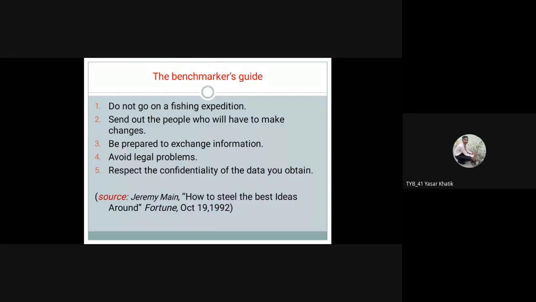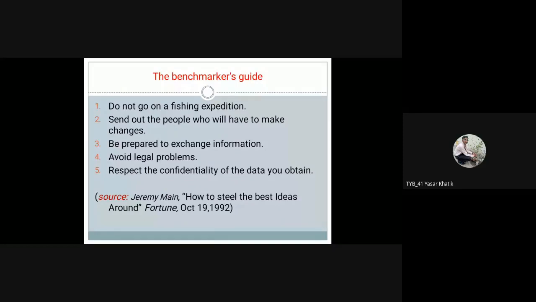Second, send out the people who will have to make the changes. Okay, don't take the meaning of send out the people directly. We are not going to fire any people in our organization. It just means those who want to change that procedure, those people we are sending out to our benchmarking team.